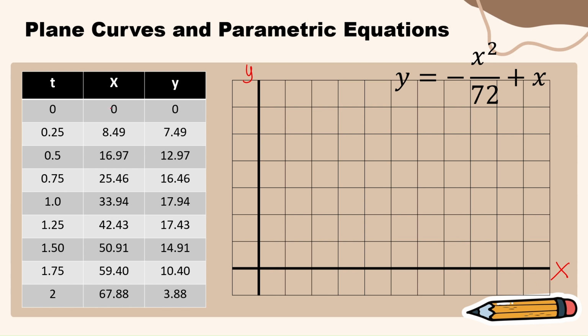Parang yung t kasi dito is third dimension, which is the dimension of time. Hindi natin siya makikita doon sa pagkakaplat, pero it will dictate how our object moves. So, since if time is 0, our x is 0, then our y is also 0.